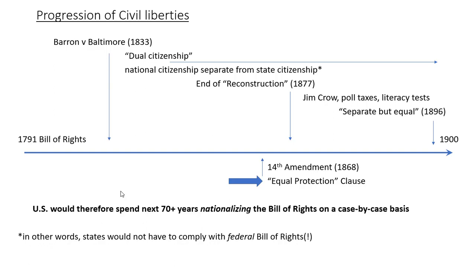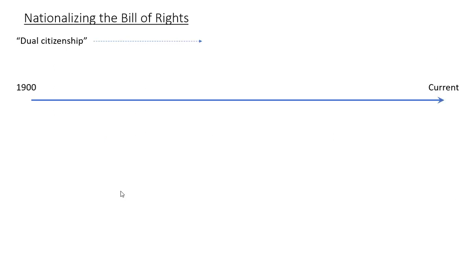So now we move on into the 20th century to where dual citizenship is still the norm, and discrimination rampant, particularly in the South. Jim Crow laws, separate but equal doctrine, literacy tests, and poll taxes.